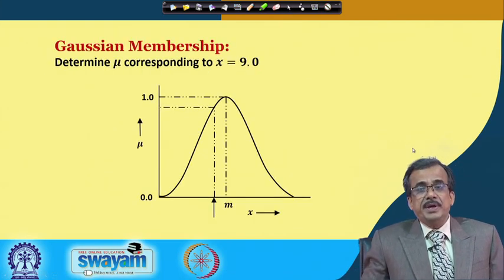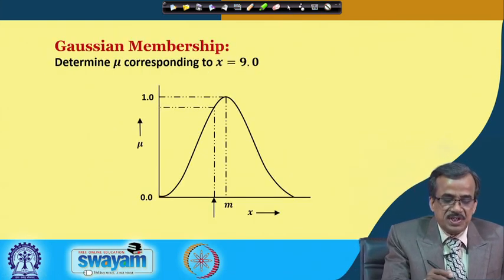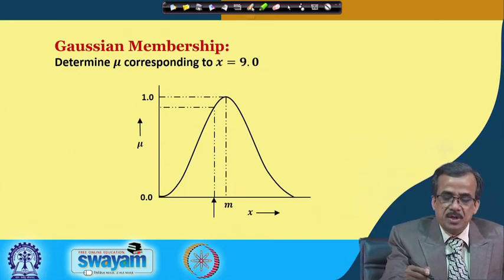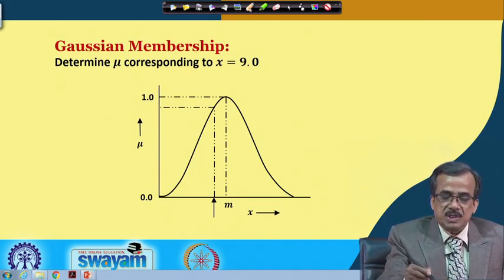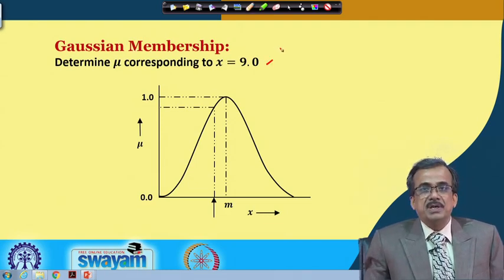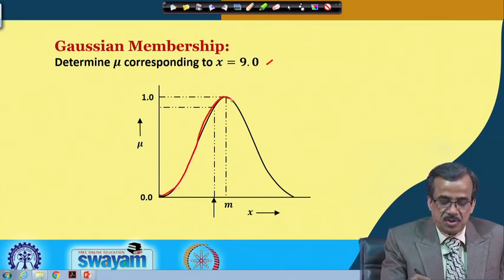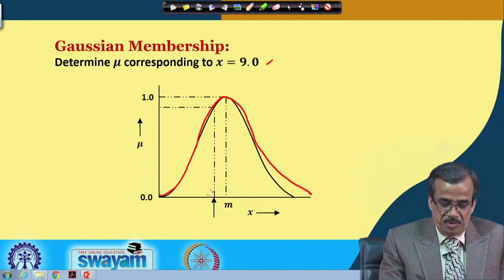Now, we are going to concentrate on the Gaussian membership function distribution, and our aim is to determine the mu corresponding to x equals to 9.0. So, this is the Gaussian membership function distribution.